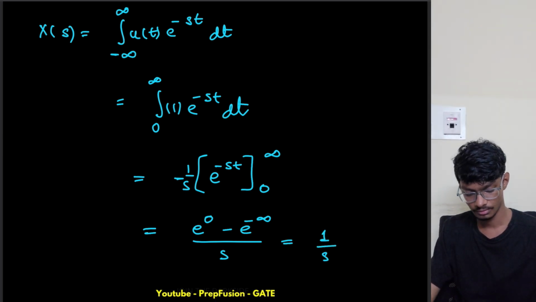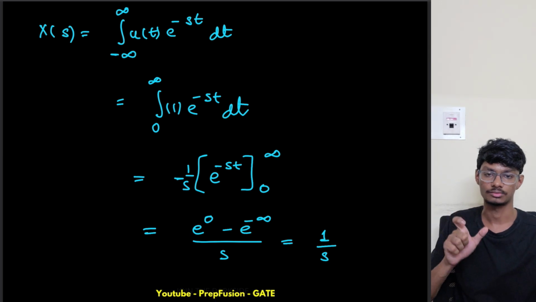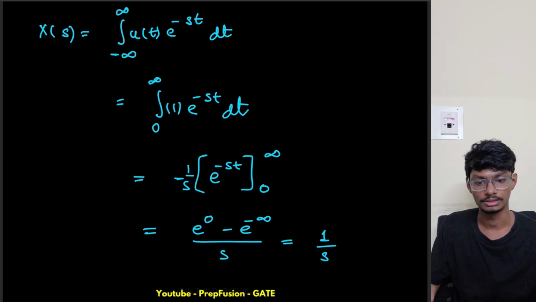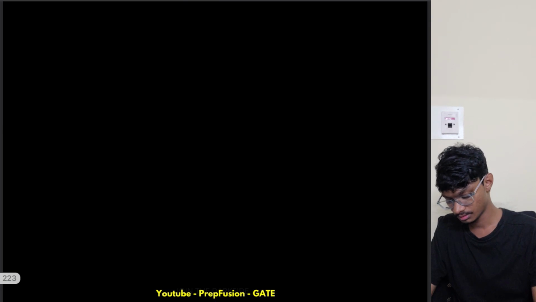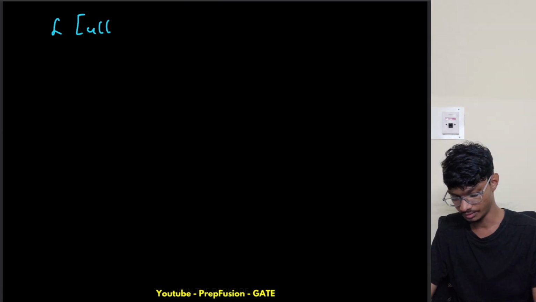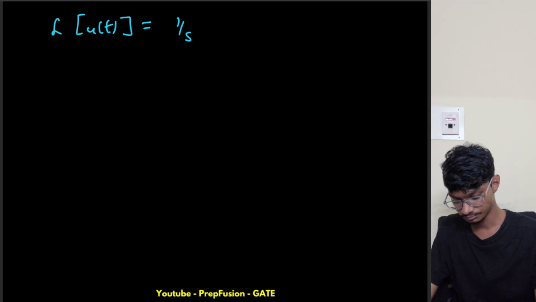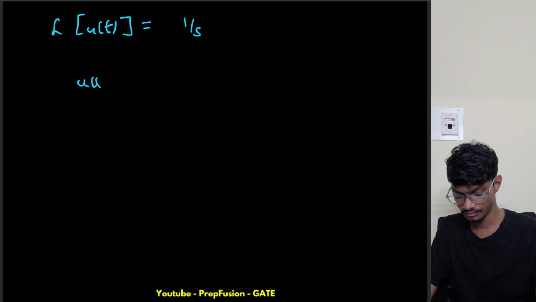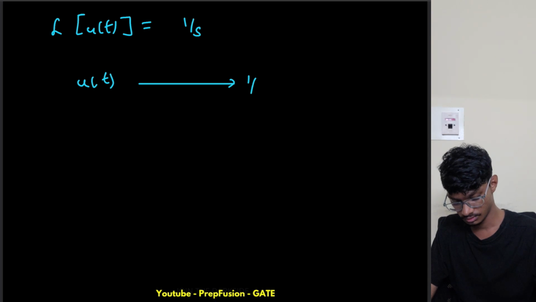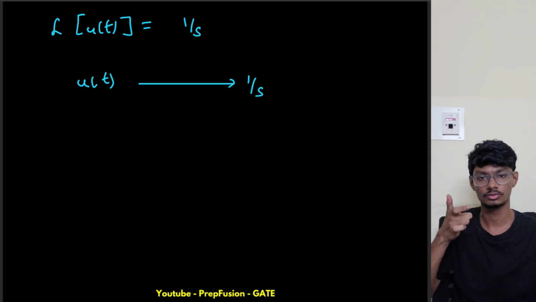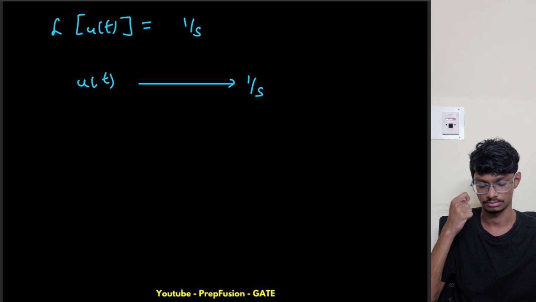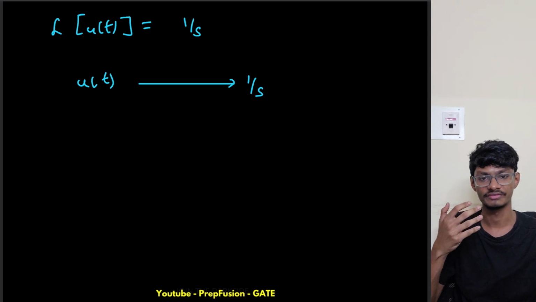For the unit step signal the Laplace transform is 1 by s. Let me write the formula: the Laplace transform of u of t is equal to 1 over s.